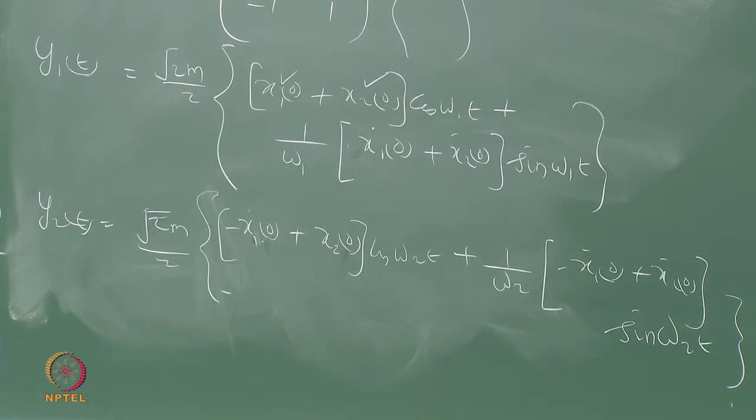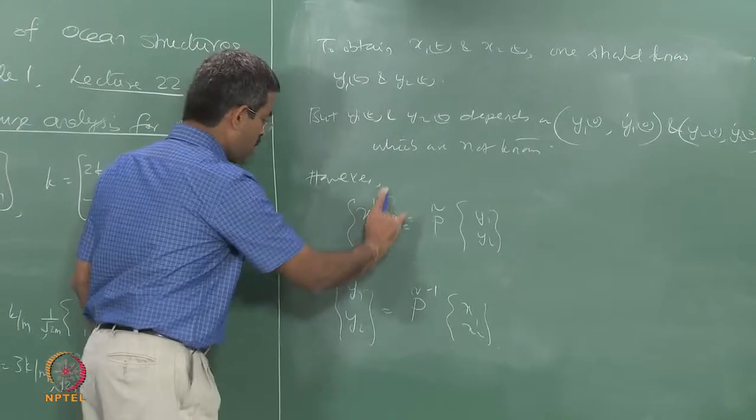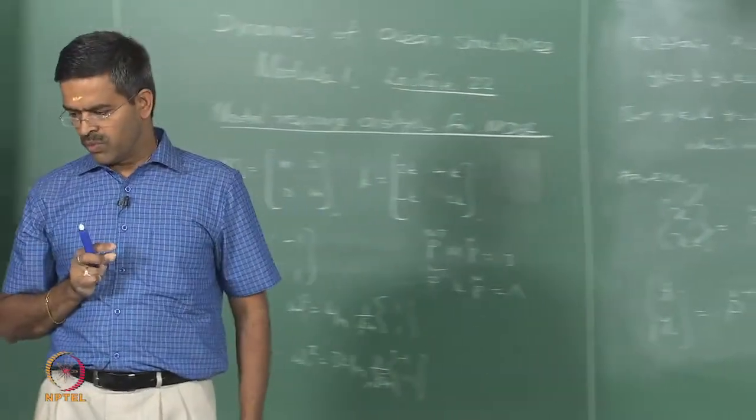The moment I know y1 of t and y2 of t, I can get x1 of t and x2 of t from this equation because P tilde matrix is known to me.